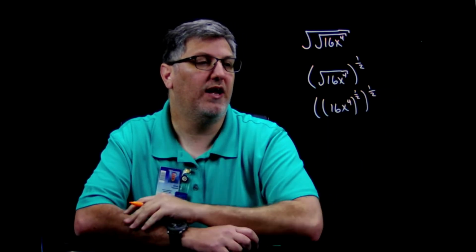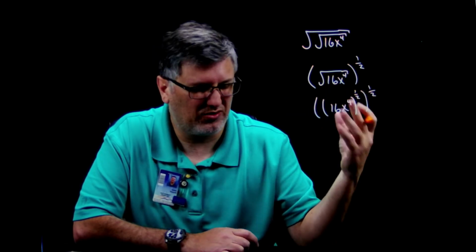I can go ahead and multiply these using my power rule, so I'm going to get 16x to the 4th to the 1/4. I can break this up, and it goes to each individual: we have 16 to the 1/4 and x to the 4 times my 1/4.